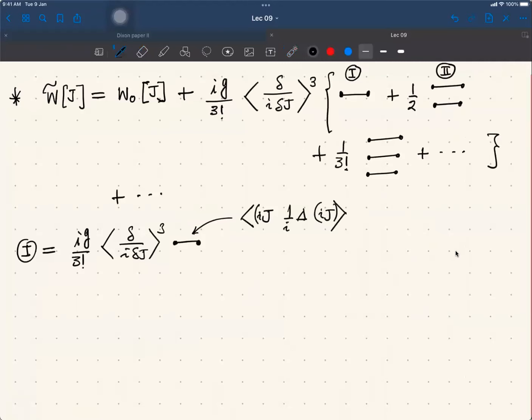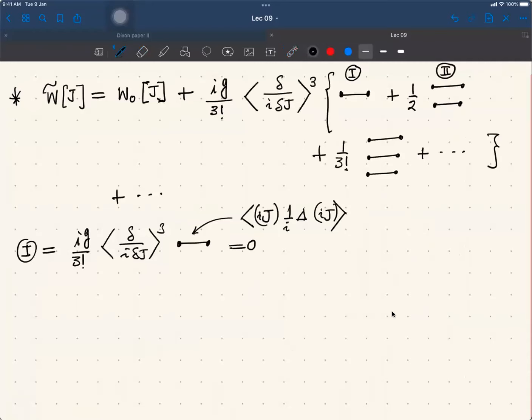These Ij factors are the 2 dots, and then 1 over I delta is the propagator between these 2. Now, since there are 3 derivatives acting on 2 J's, it must be 0, right? So this expression is 0.